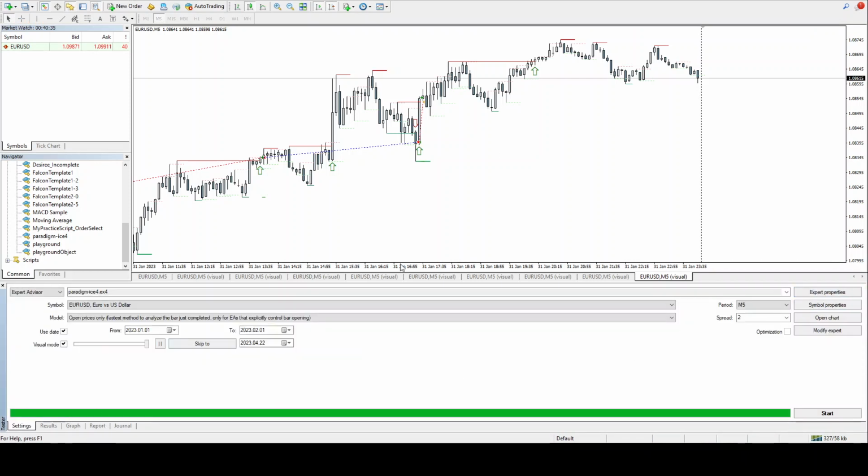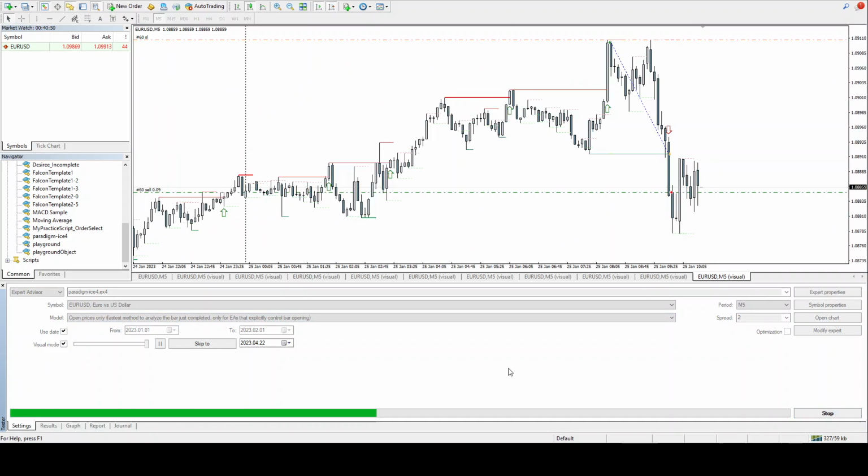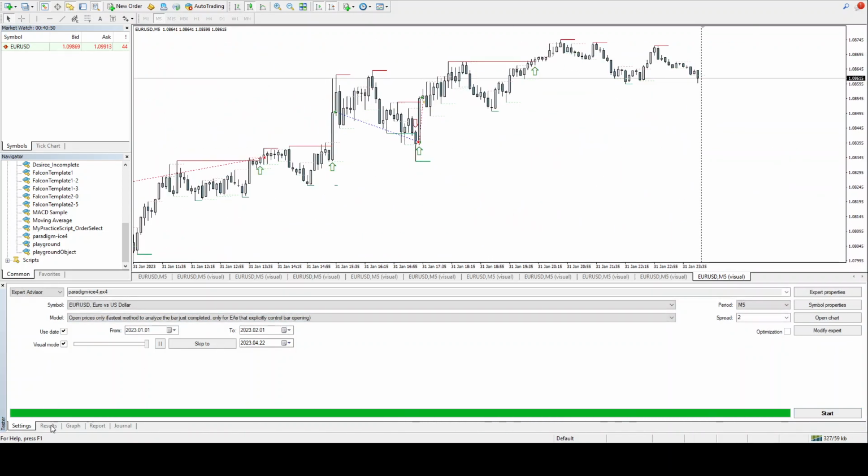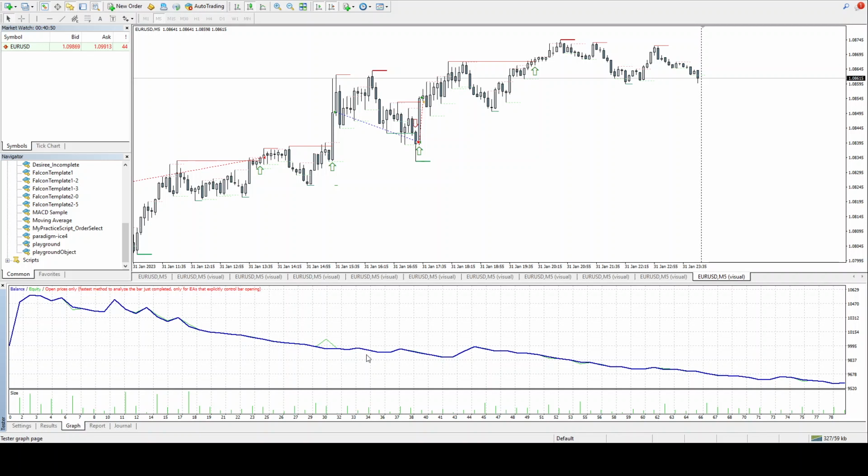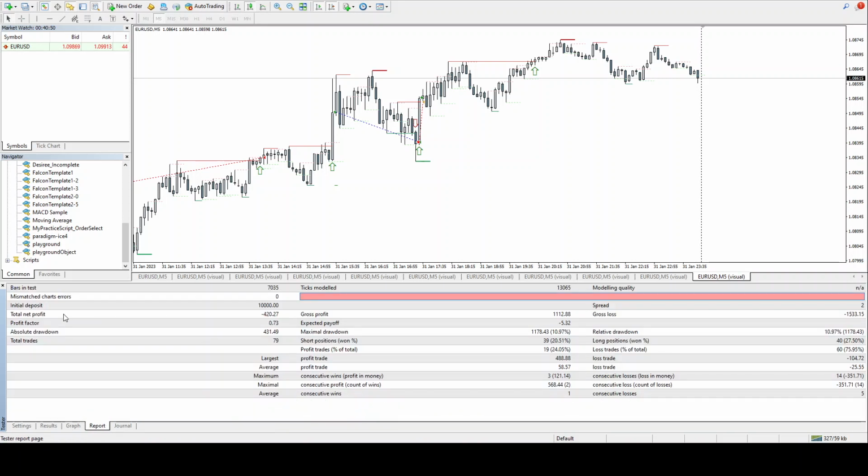Okay, so I'm going to change this to true so that it will only take trades during the Q zone, and I will run it again. And let's go to the graph. The equity curve is still pretty much the same, but let's go to the report. But now our loss has been reduced to 4.2%.